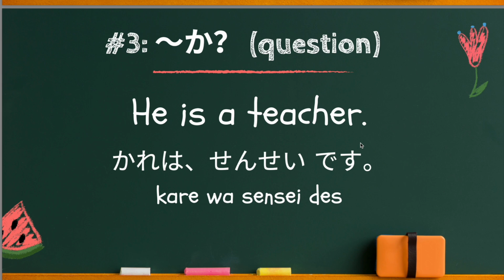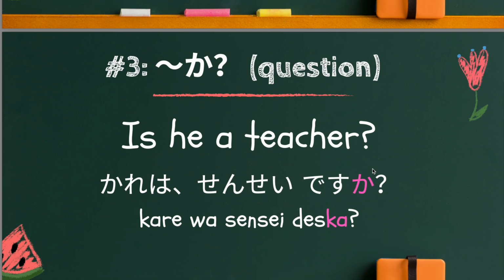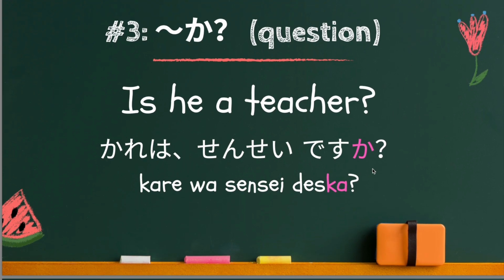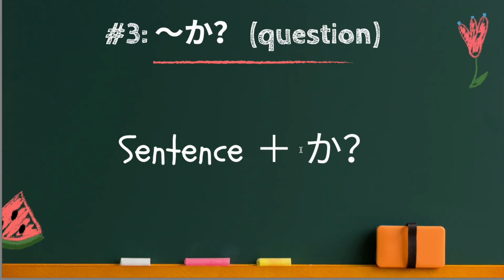All you have to do is to add ka at the end. Nothing changes except for the ka at the end. So, the grammar format is this. Sentence plus ka at the end. That's it. Everything remains the same.